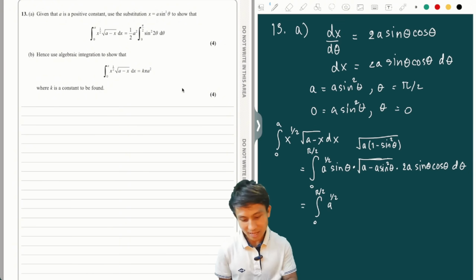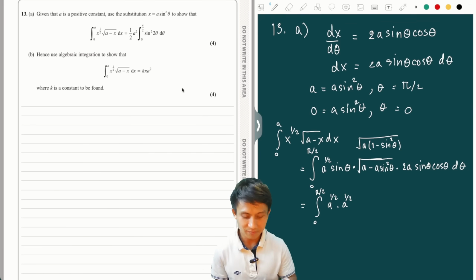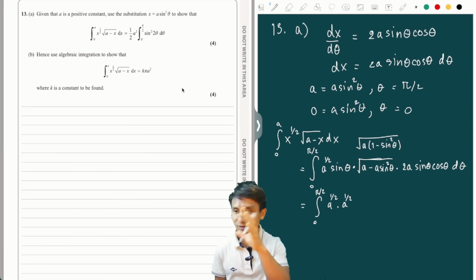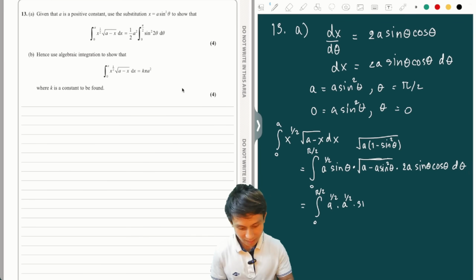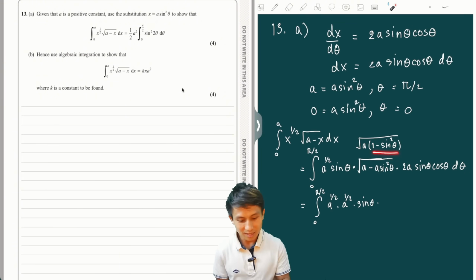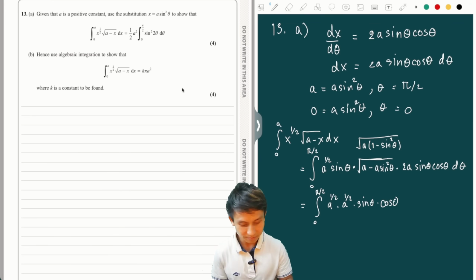So if you take the a out, you get a to the half. Then you have a sine theta here. Square root of this is a cos squared, because this is a trig identity. So the square root of that is just cos theta.